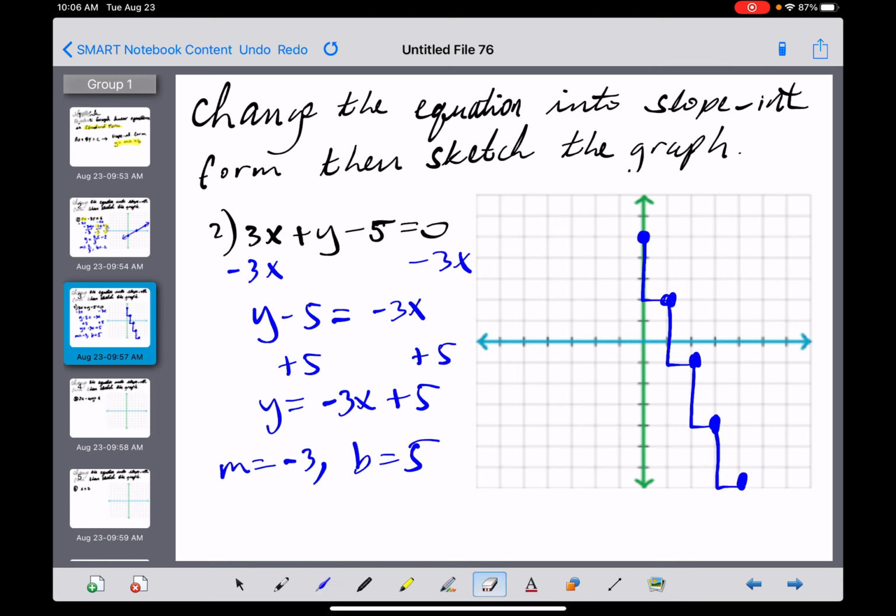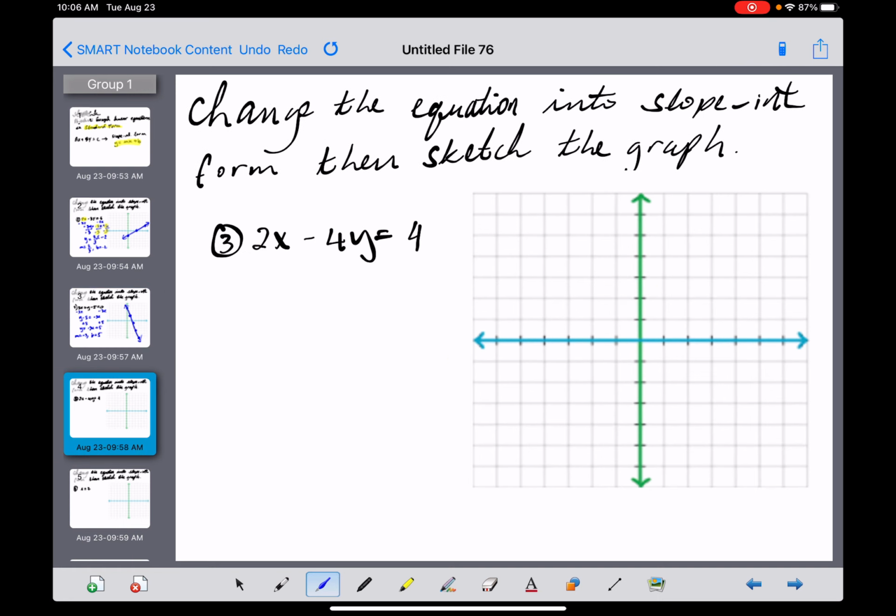Okay, so I'm going to go back and erase my steps. That is not part of my answer. Fix the dots, connect them, and you're done. Okay, let's move on to the next problem.